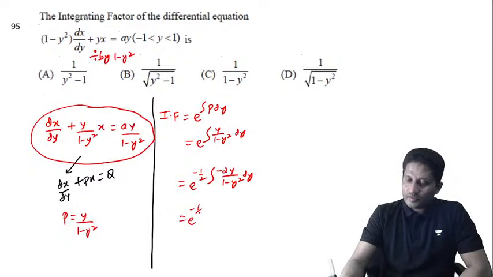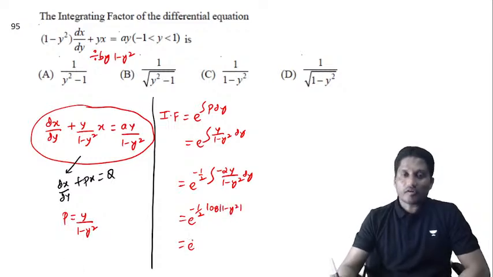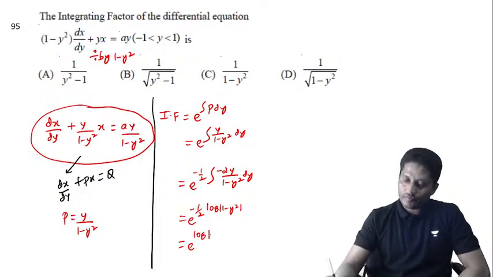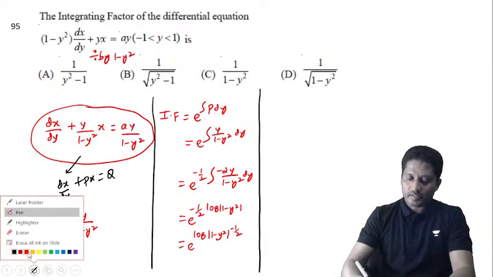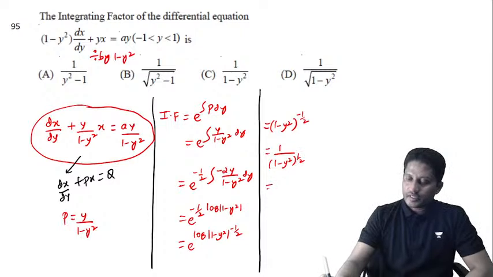You differentiate the denominator, you get the numerator, so you get log of 1 minus y square. e power log x is x, and n log m is log m power n, so this is e power log of 1 minus y square whole power minus half. e power log x is x only, so this is 1 minus y square whole power minus half. This is 1 divided by 1 minus y square whole power half. That is equal to 1 divided by root of 1 minus y square.